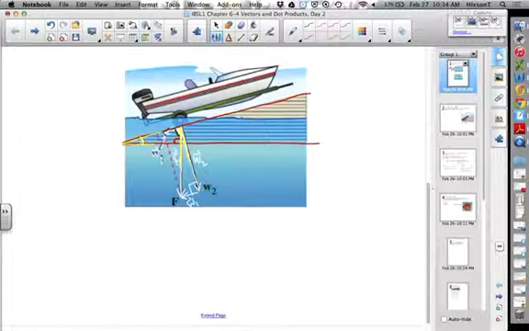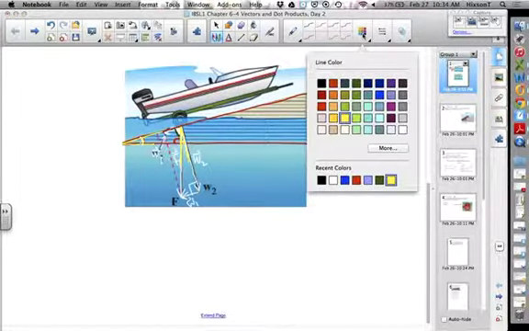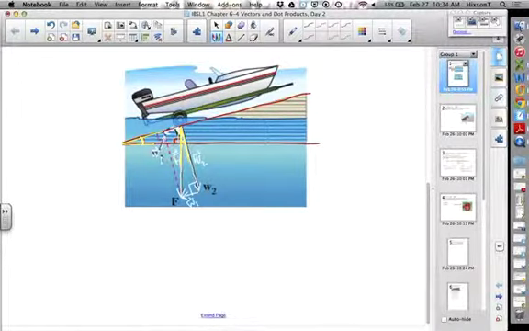So those are parallel. As a result, you guys remember alternate interior angles? So this angle right here is going to be congruent to this angle right here. That's again how you can get the angles.